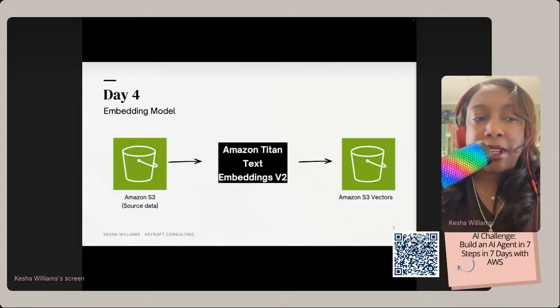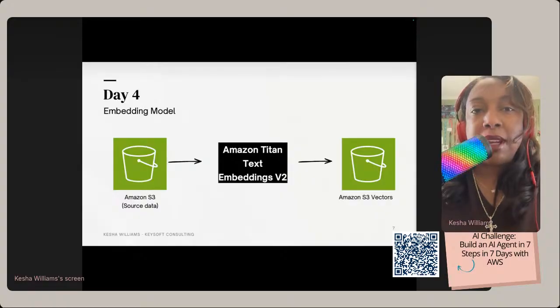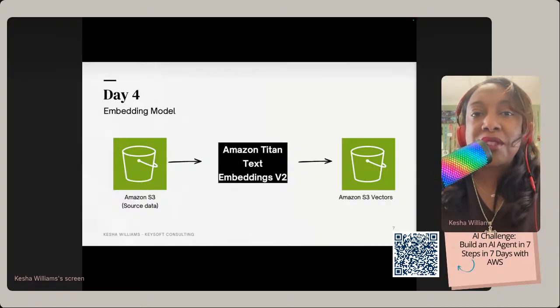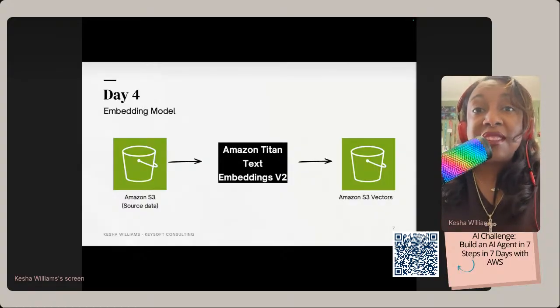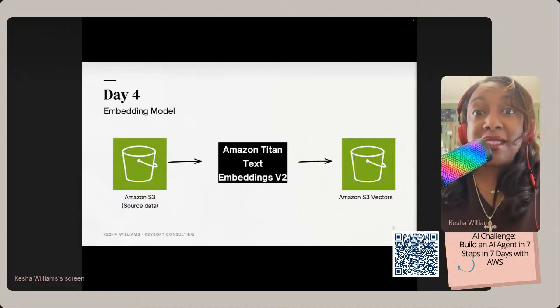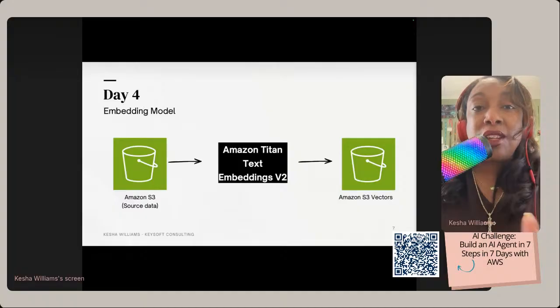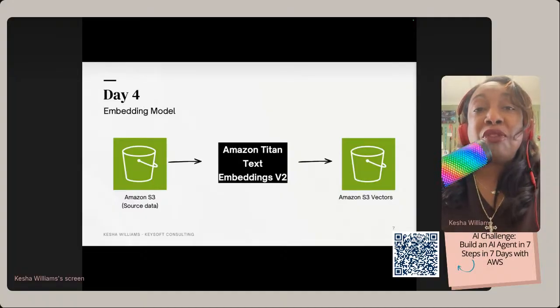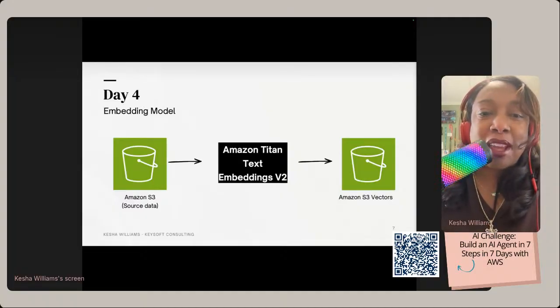So you put it in S3, create the knowledge base, which runs the embedding models and then stores the vectors in S3 for easy searching. Now whenever you pose a question, the agent will check its knowledge base, search for similarity, and use the results to help inform the answer that it sends back to you.